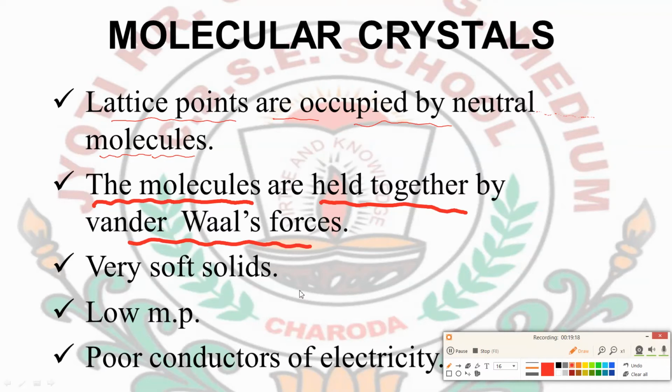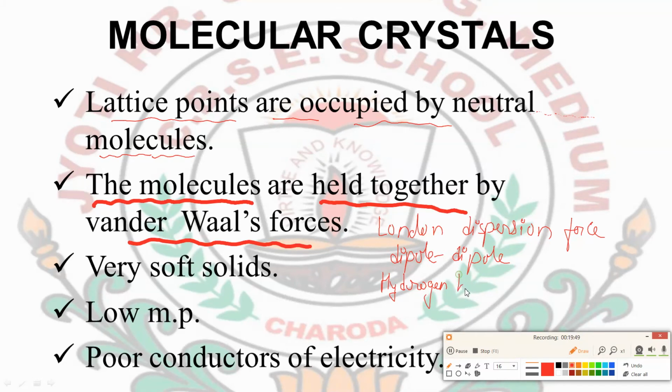So, what were the intermolecular van der Waals forces? In the previous class, we studied them. One was London dispersion force. Then dipole-dipole interaction can be there, and hydrogen bonding can also be there.